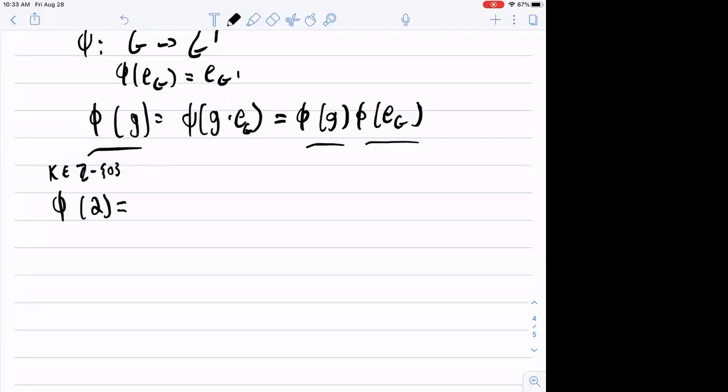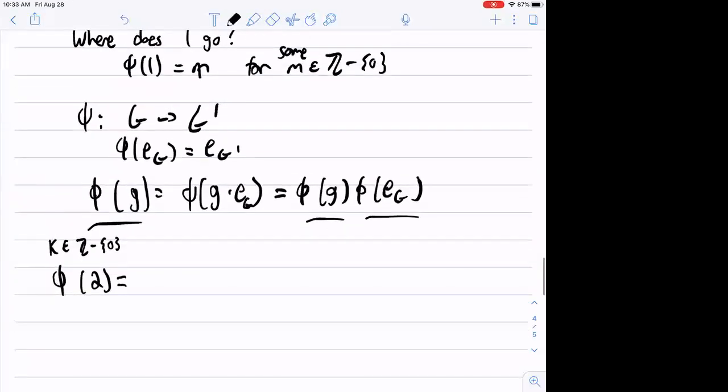No. So let's try to understand. If phi of 1 is m, phi of 2 is phi of 1 plus 1, I mean, 2 is 1 plus 1. Now, by the isomorphism property, this has to be phi of 1 plus phi of 1.